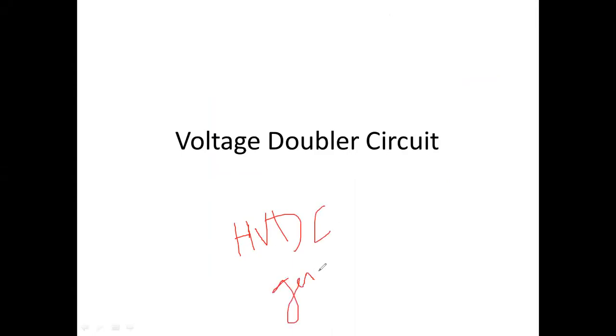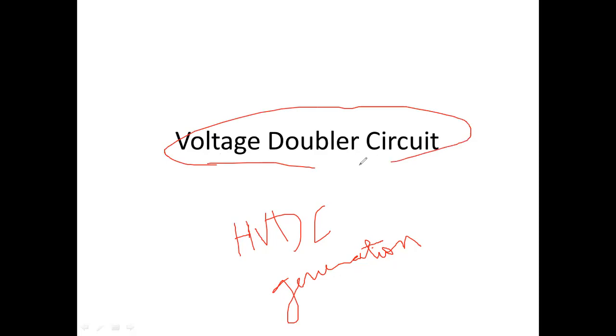Okay, so first we will start with the voltage doubler circuit because this is the single unit of this HVDC. Okay, then we will switch to the multiplier circuit. This multiplier circuit is designed by two scientists, Walton and Cockcroft.